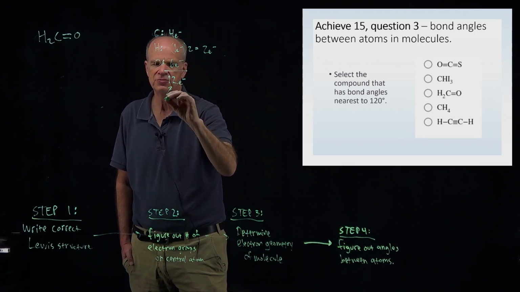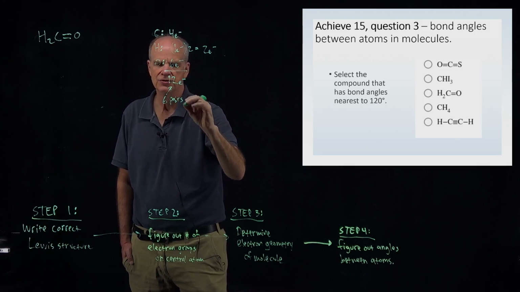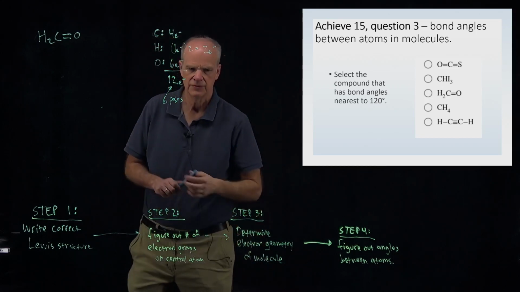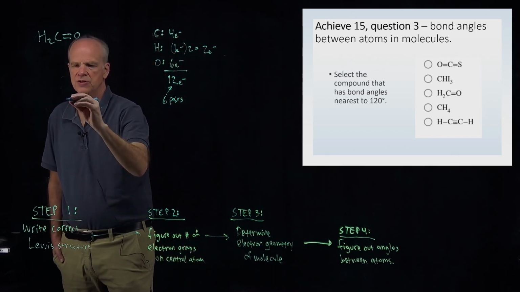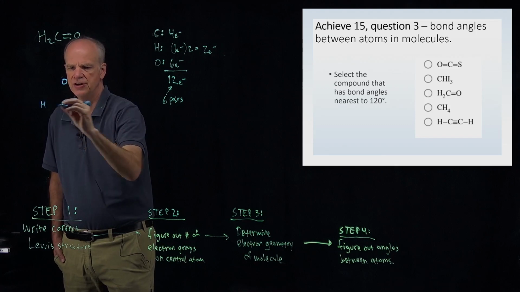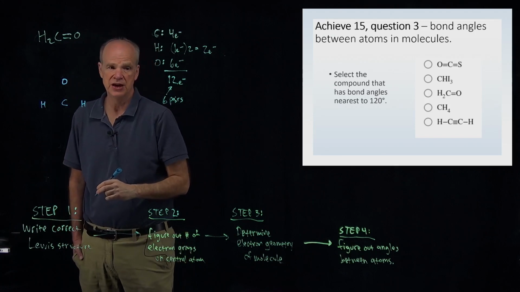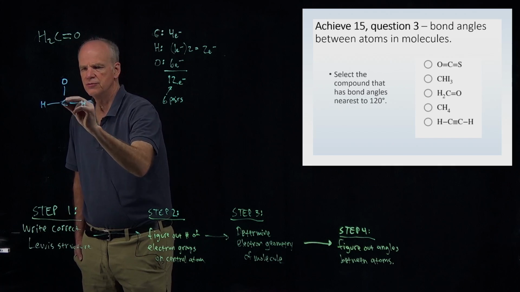So there are going to be 6 pairs that we have to deal with, okay? So let me change the pen here really quick. Okay, so let me draw a Lewis structure. So we have carbon in the center, oxygen on one end, hydrogens on the other end, like this. First, let's bond the atoms together with pairs. 1, 2, 3.